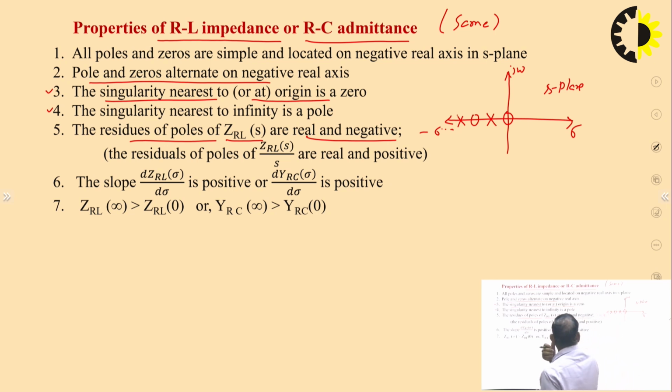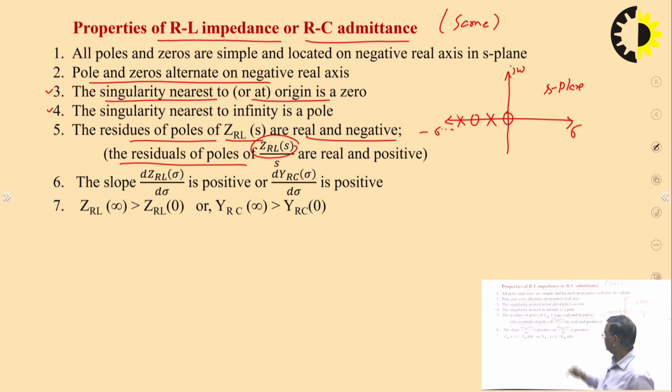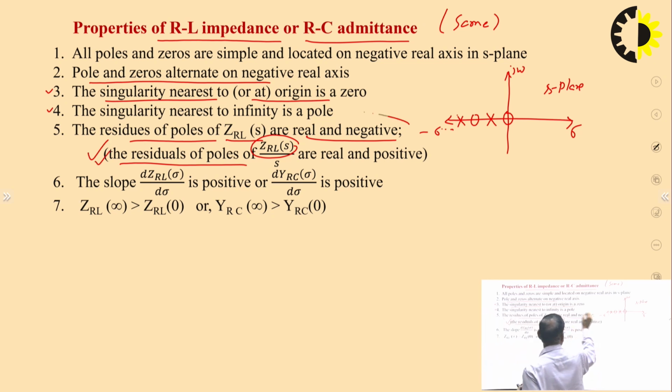So, if you get the coefficients real and negative, what we will do? We divide the given function ZRL by S and then carry out the partial fraction expansion. It means the coefficients of ZRL divided by S are real and positive. So this is how we carry out the partial fraction expansion, because here we are getting real and negative, so we cannot stop here.